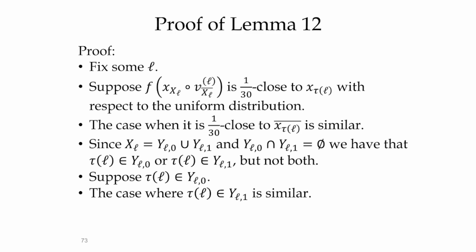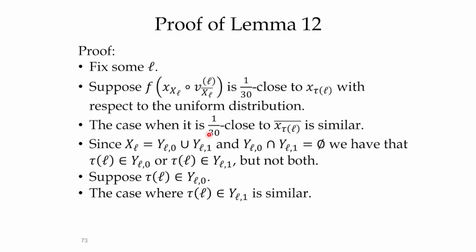Okay, so let's prove lemma 12. Fix some L. Suppose that f of x subscript capital X L concatenated with V capital X L bar powered by L is 1/30-close to x tau of L with respect to the uniform distribution.